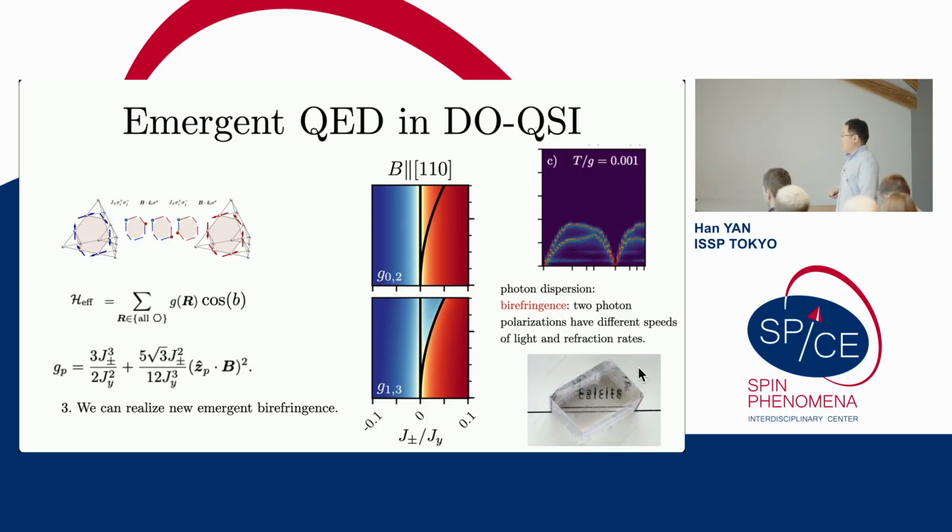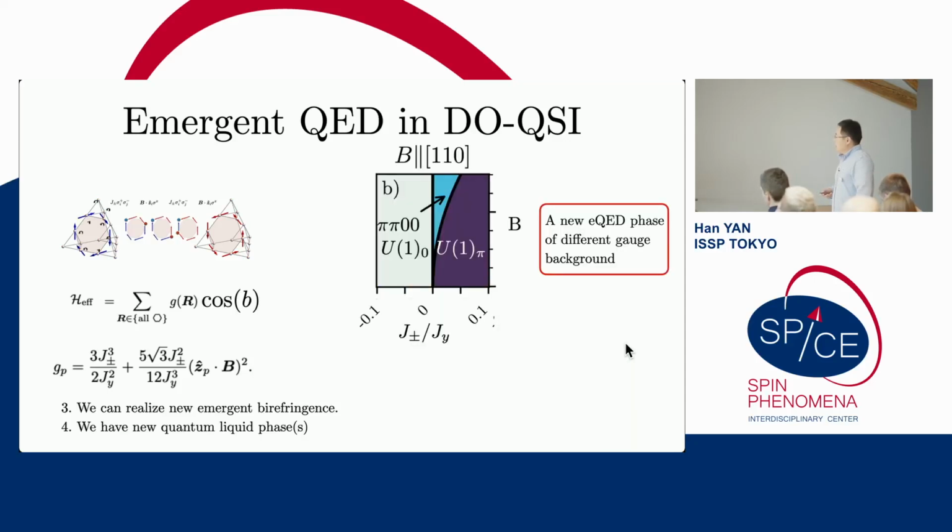So this is exactly birefringence that also appears in classical optics. And more importantly, you also have a new QED phase of this pi, 0, 0 flux, where you have a background flux of pi in 2 of the plaquettes and 0 in the other 2 plaquettes. So you have new QED phases that can be controlled by the external field too.